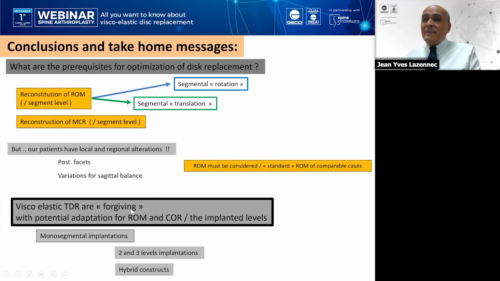So to date, those visco-elastic disc replacements are very forgiving for the potential adaptation of range of motion and center of rotation. Personally, I can speak mainly about monosegmental implantation, but other colleagues, Van Berg, people from Germany, from Australia, have a lot of experience with multi-level implantation and hybrid constructs.